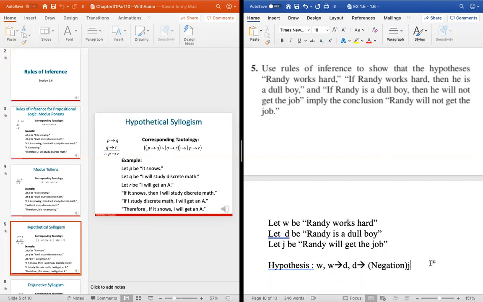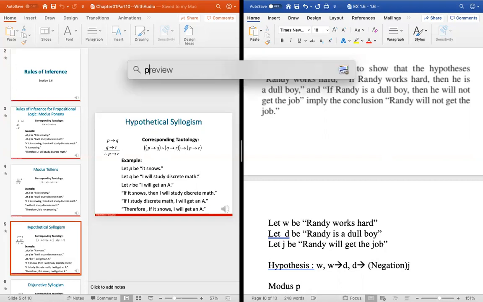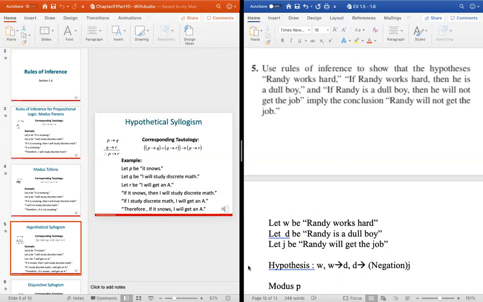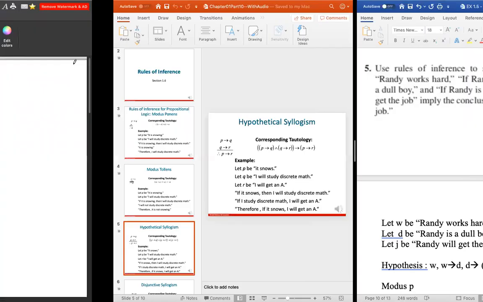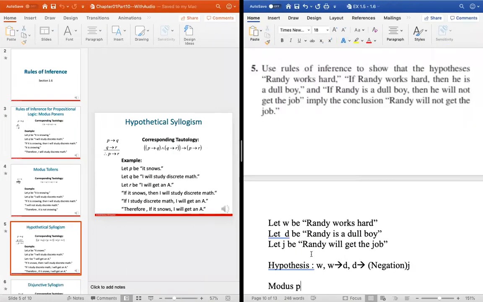Okay. And now we have to use the modus ponens rule on the first two hypotheses. So let's use modus ponens. Maybe if I open up Paint, it will be easier for you to see.